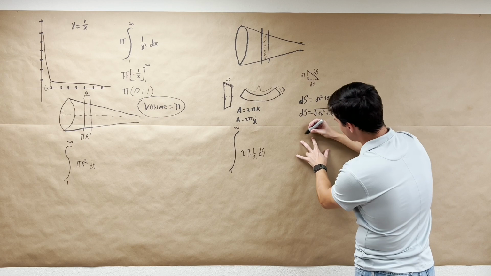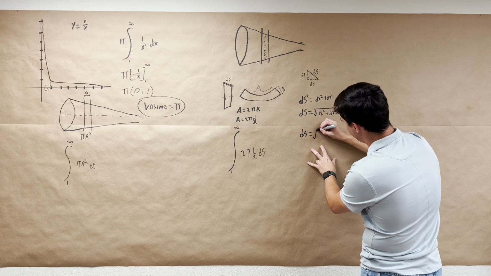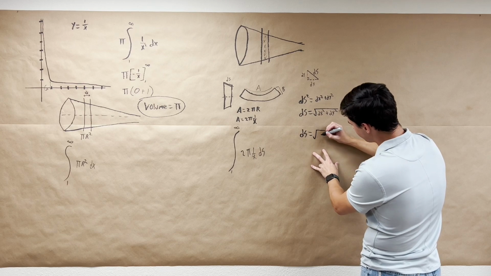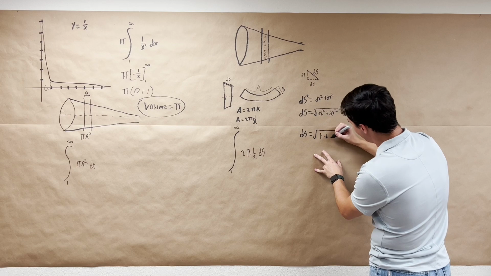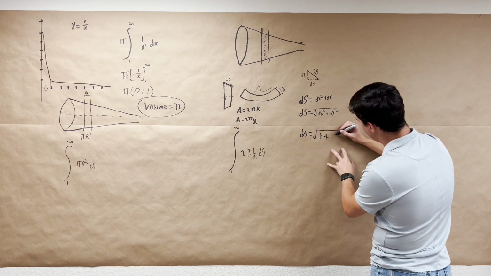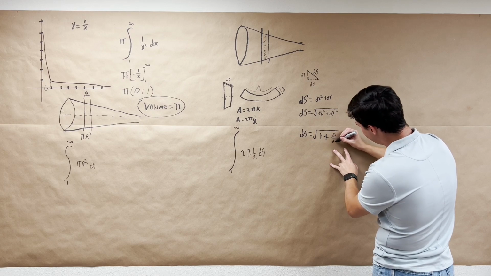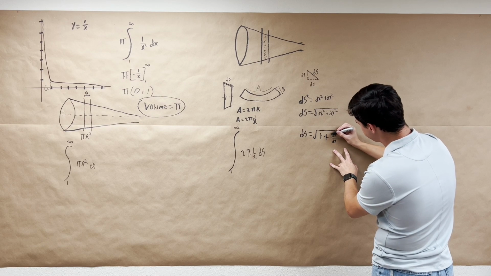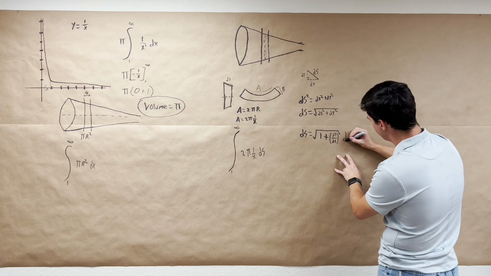So we're going to get that ds is equal to the square root of 1, because I factored out this dx, 1 plus dy over dx squared, times dx.